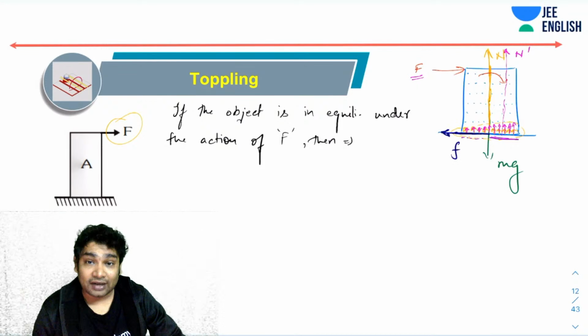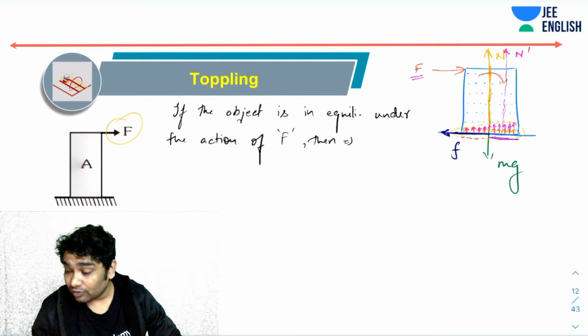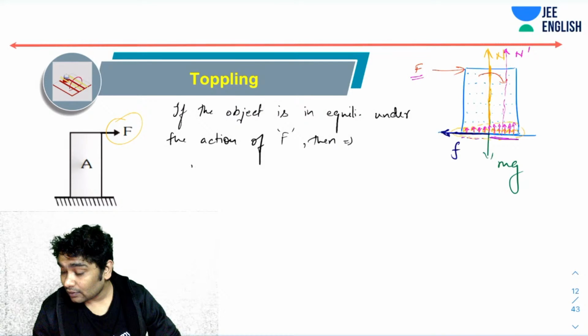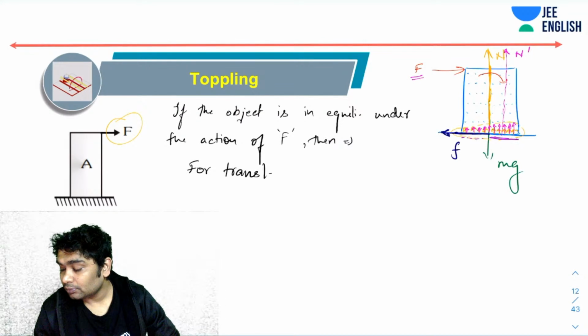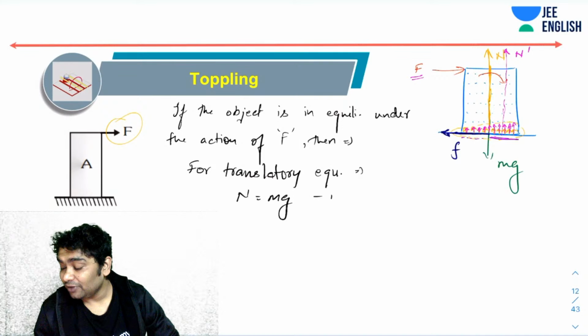Now for translatory equilibrium, what all can I say? I can say that N must be equal to mg. That will be your first equation. And capital F must be equal to small f.